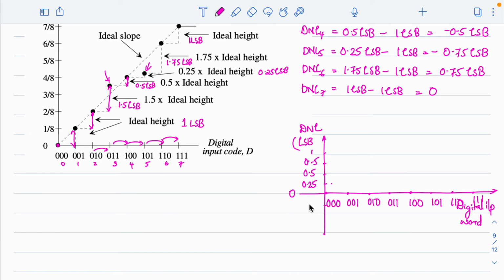Similarly, we can mark here as well, minus 0.25, minus 0.5, minus 0.75, and minus 1, right?